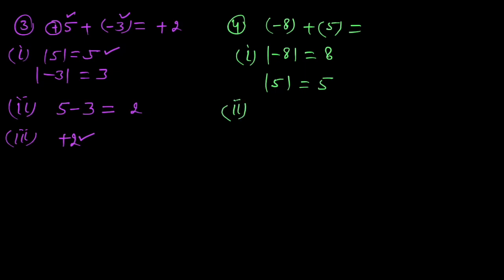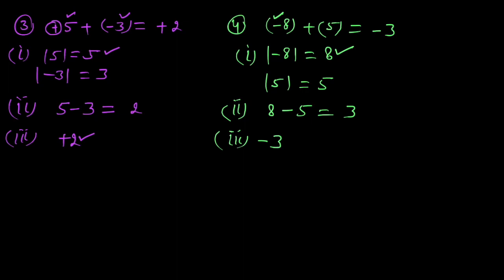Since both of the numbers have opposite signs, you will subtract their absolute values. Now in the third step, you need to ask yourself, is this 3 positive or negative? In this case, it's going to be negative. Why? Because 8 is the bigger absolute value, it is the larger of the two, and 8 is also negative, so the answer is going to be -3.